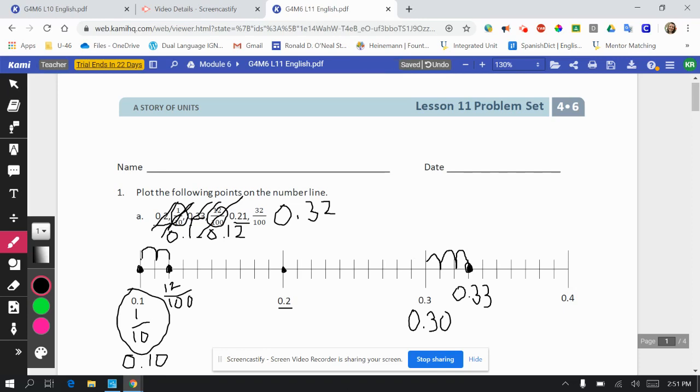So here, another way to say 0.2 is 0.20. Going to count up 1, 0.21. Cross that out. And then the very last one, 0.32, that would be right over here. I'm going to label that 32 hundredths because that's what it says here on the list. Cross it on out. We finished number 1.